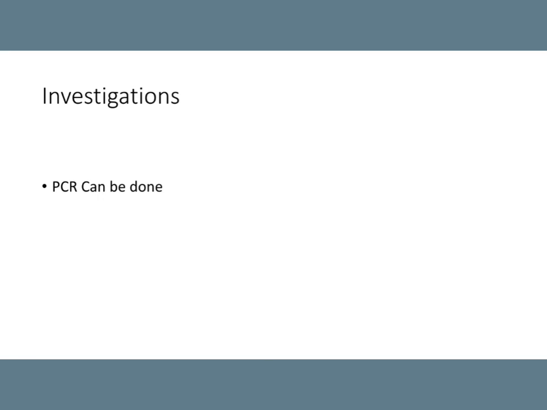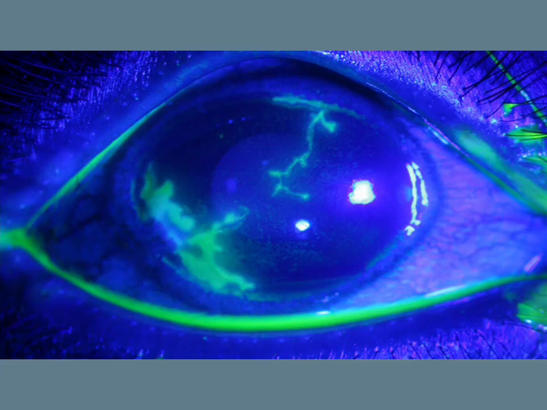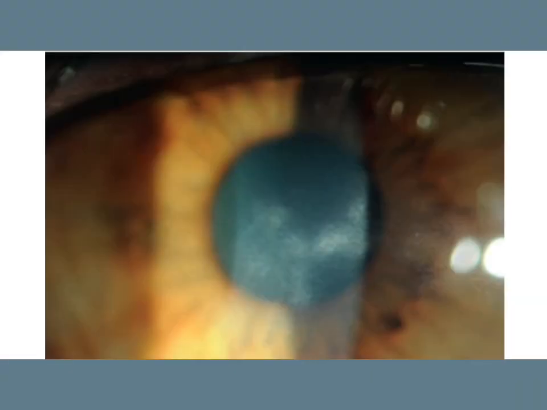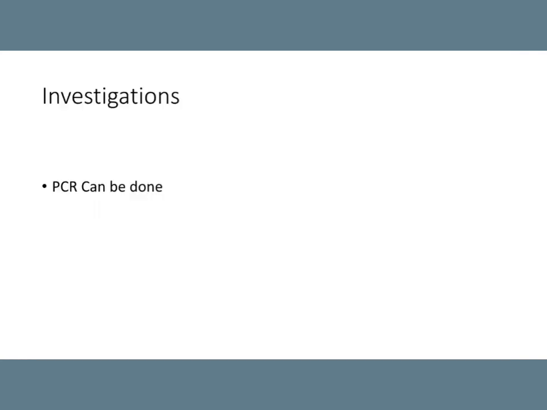As for investigation in viral keratitis, there is usually no need to send the patient for investigation, because from the clinical presentation we can easily know that this is a case of, oh sorry, viral keratitis. But some procedures like PCR are also available to find out the type of organism.